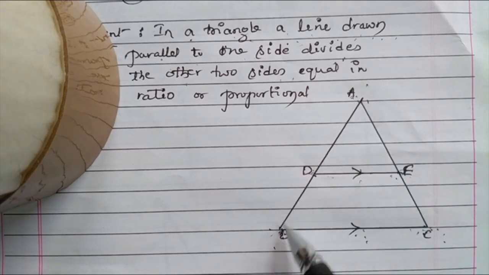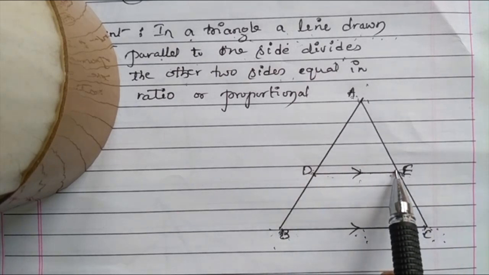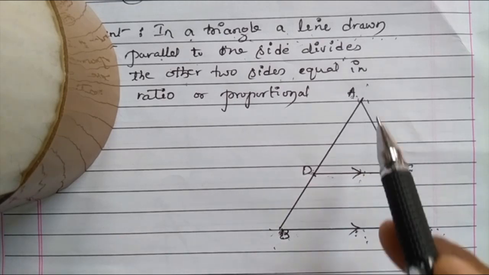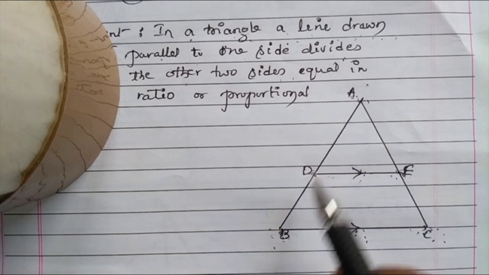So AB side is divided into AD and DB segments. AC side is divided into AE and EC segments. But BC line is not divided, because DE is drawn parallel to BC.